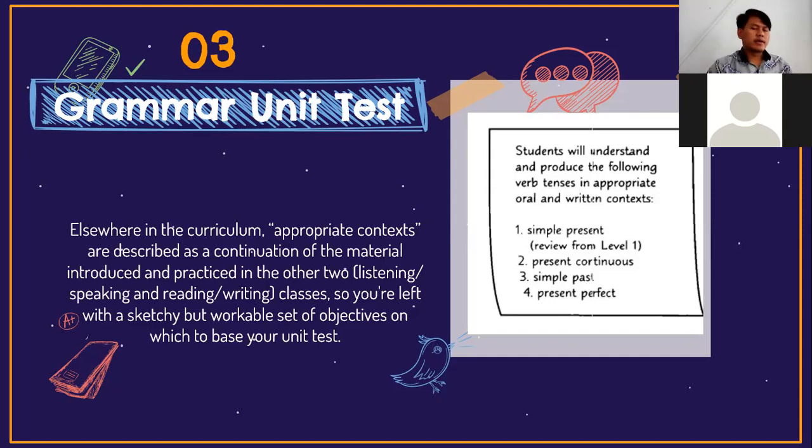Elsewhere in the curriculum, appropriate contexts are described as a continuation of the material introduced and practiced in listening or speaking and reading or writing classes. So you are left with a scanty but workable set of objectives on which to base your unit test.